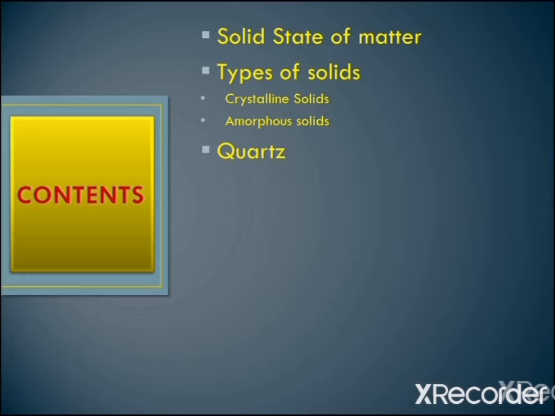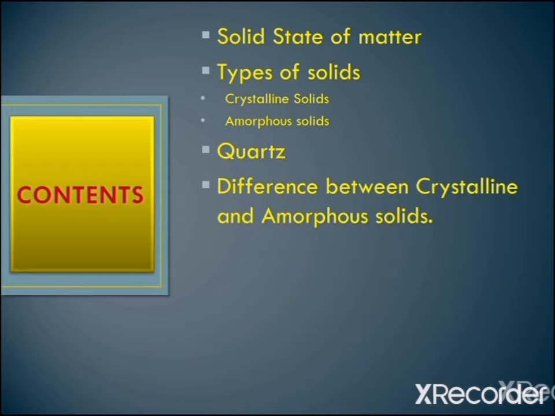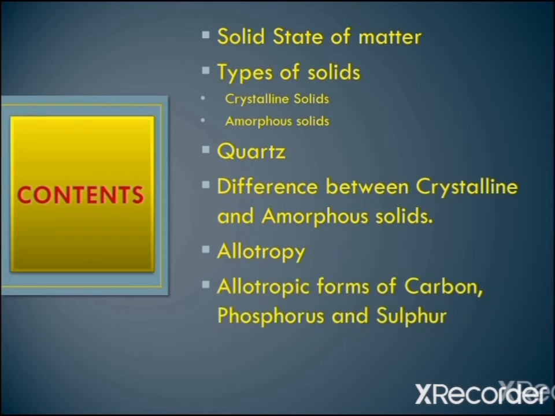We will discuss quartz. We will study the difference between crystalline and amorphous solids. We will study allotropes, and we are going to study the different allotropic forms of carbon, phosphorus and sulfur.